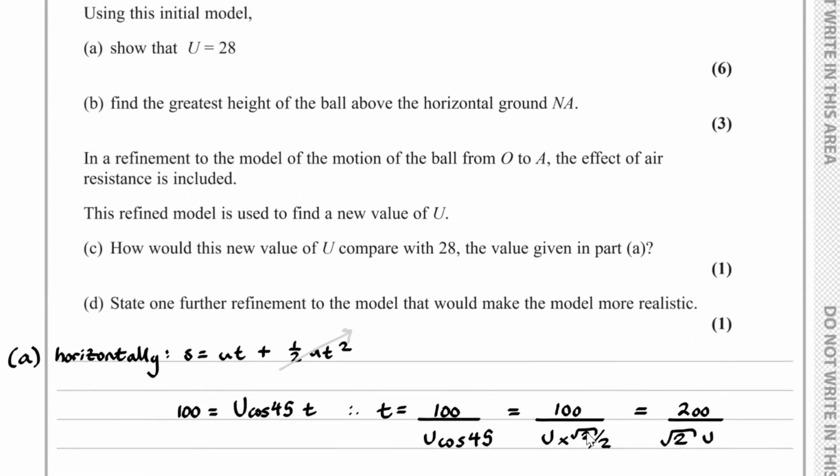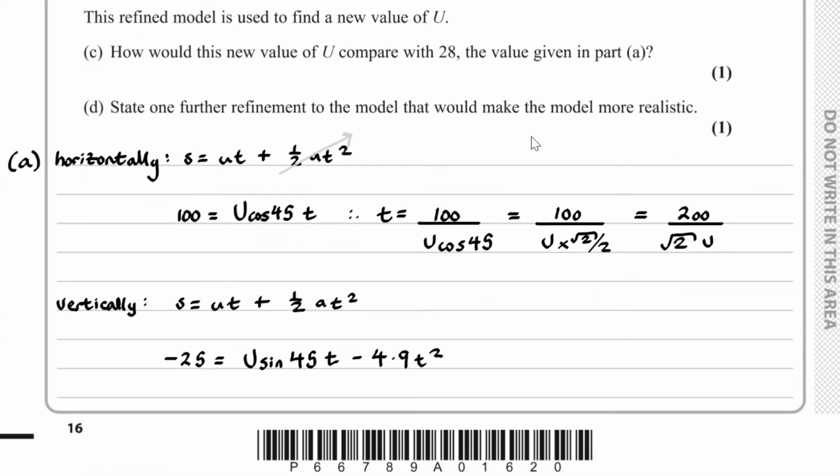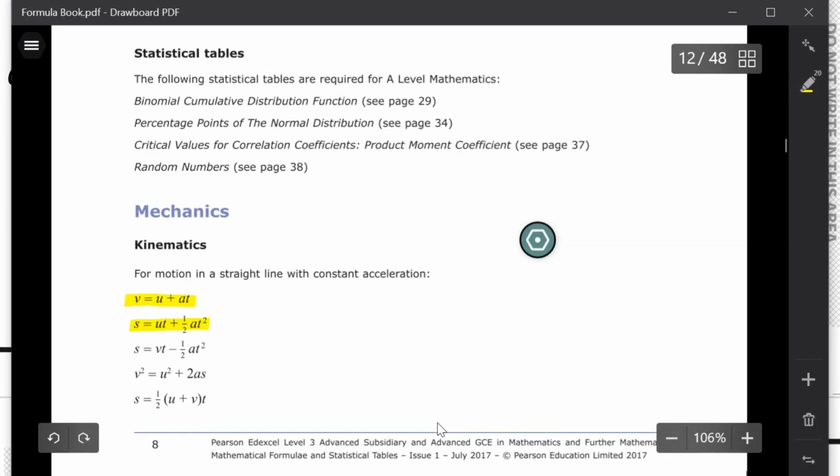Okay, and now for part B of the question, we have to find the greatest height of the ball above the horizontal ground NA. Well, here we would have to resolve vertically, and this time we would have to use the formula v squared equals u squared plus 2as.